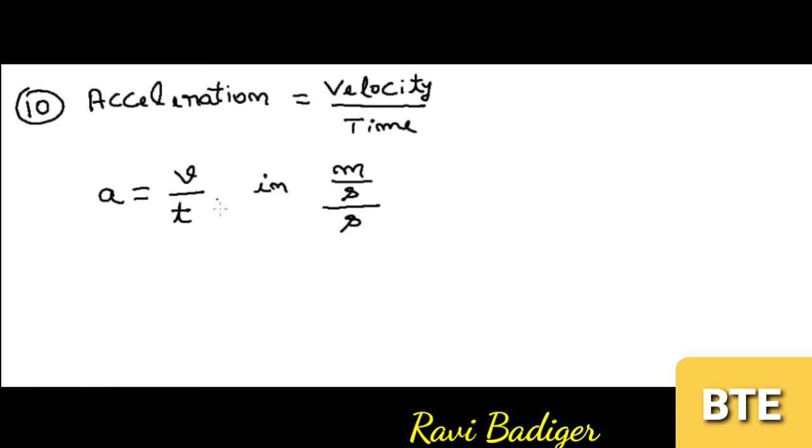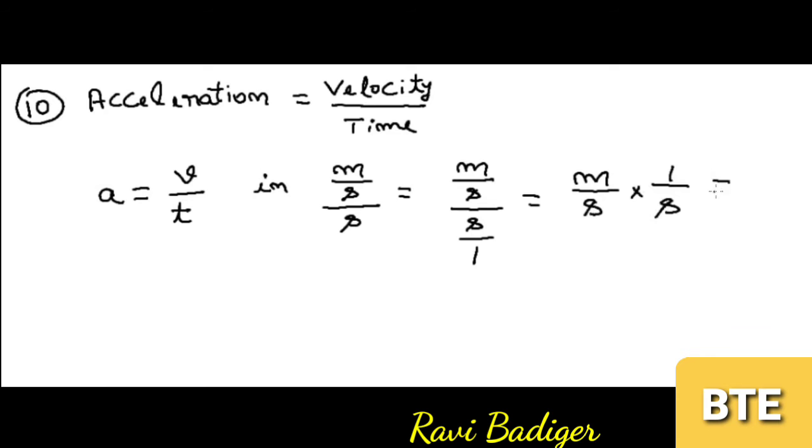This can be written as meter per second divided by second divided by 1. When this goes to the top, it can be written as meter per second multiplied by 1 by second, and this becomes meter per second square. So acceleration is nothing but velocity by time and it is measured in meter per second square.